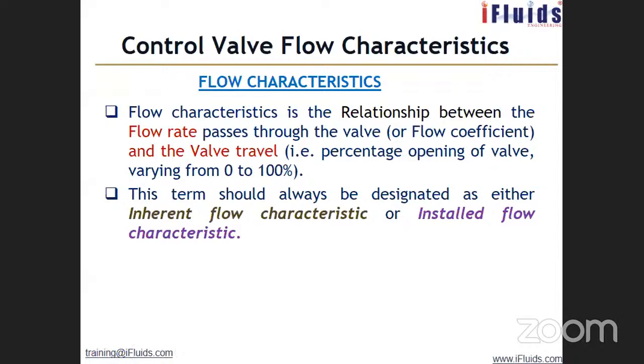That is the inherent flow characteristics. But when you install the valve in the actual plant with a pump upstream and a vessel connected downstream of the valve, etc., how the valve behaves under the installed condition is the installed flow characteristics.